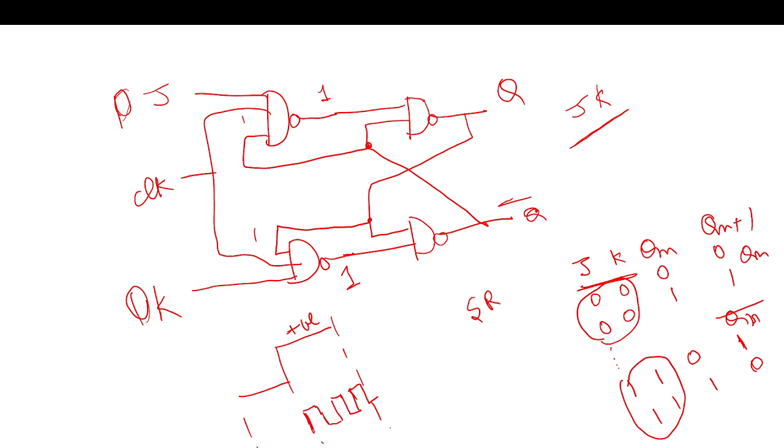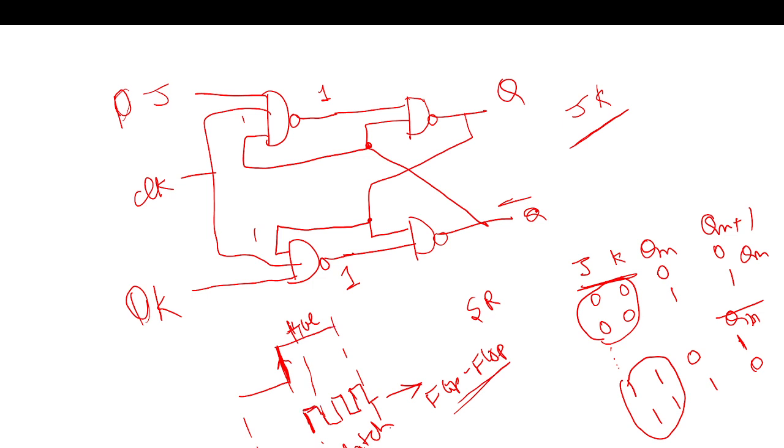To remove this race condition, I need to make this clock this much small. If my clock is only this much, I won't see any race condition. Or else I go from this latch to a flip-flop. In a flip-flop we won't have any race condition, because it is sensitive only at the positive edge. Whatever it sees, it gives as output for the whole level.